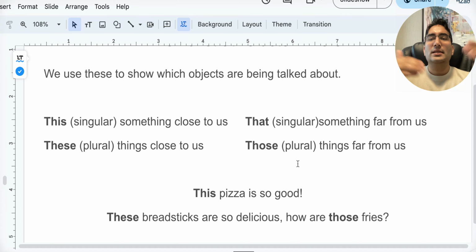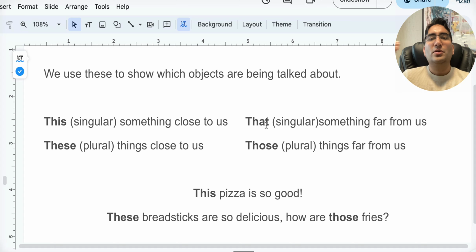The only difference is these and those are used for plural. So these would be multiple things in front of me. But if they're really far, I'm going to say those things right there. So that has to do with the distance, and these and those are plural, while this and that are singular.